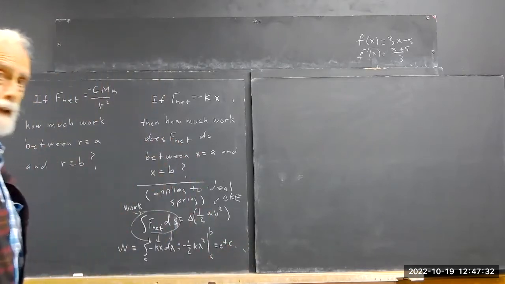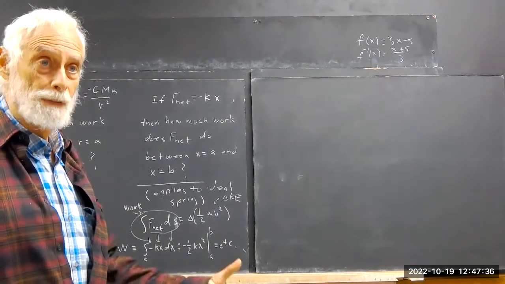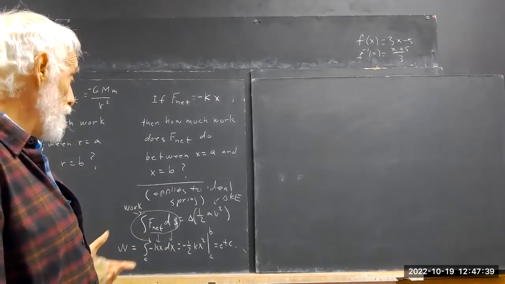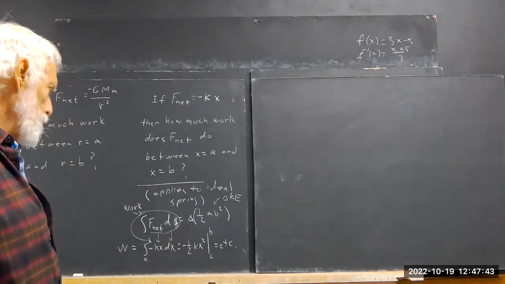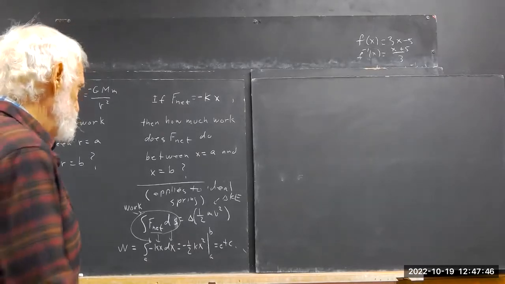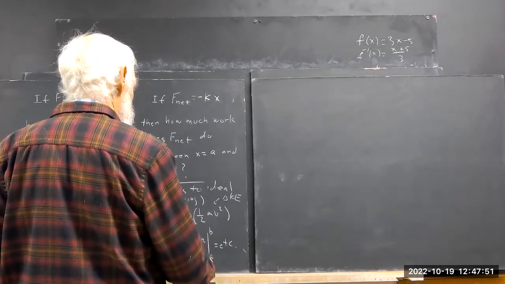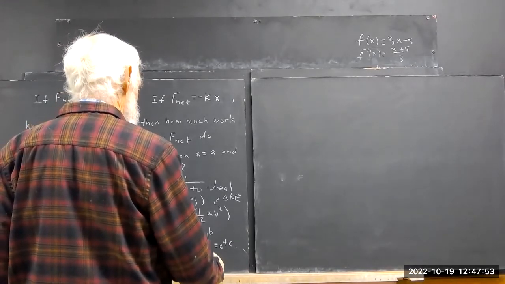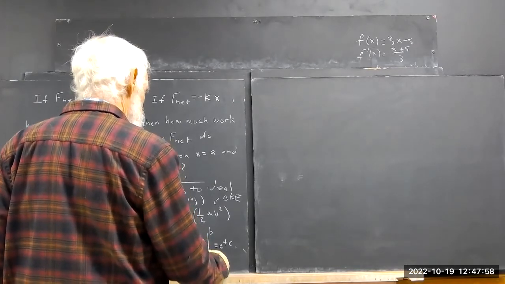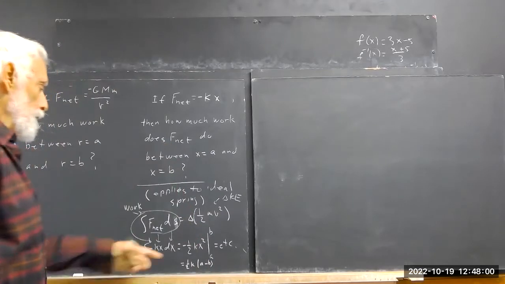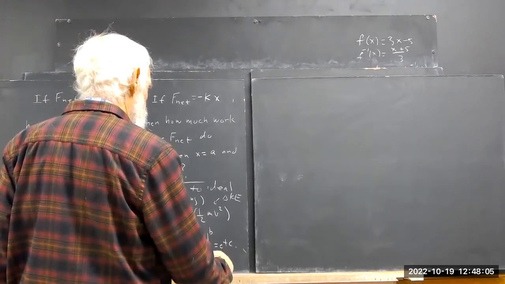And I don't have room to write it down, but it's going to be 1/2 Ka squared minus 1/2 Kb squared. Okay, or 1/2 K times A minus B, A squared minus B squared.